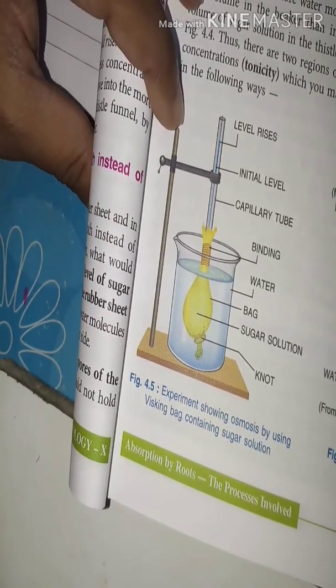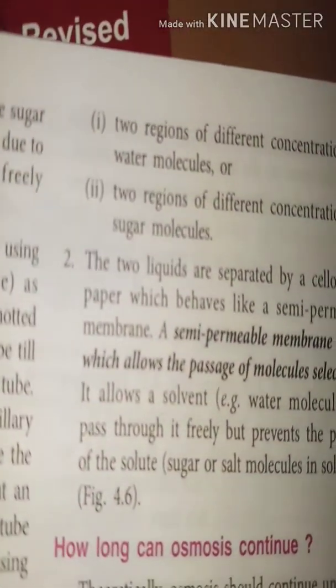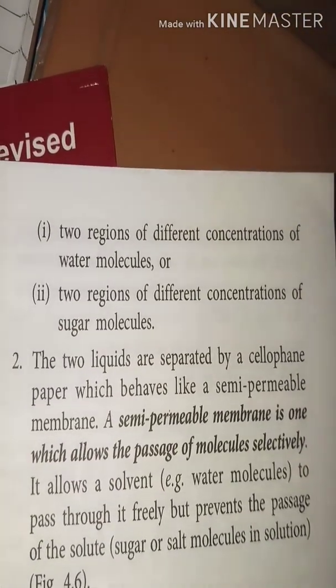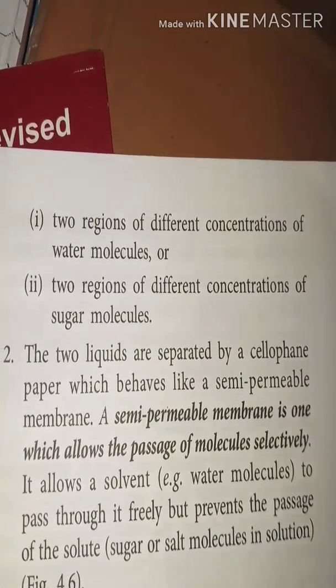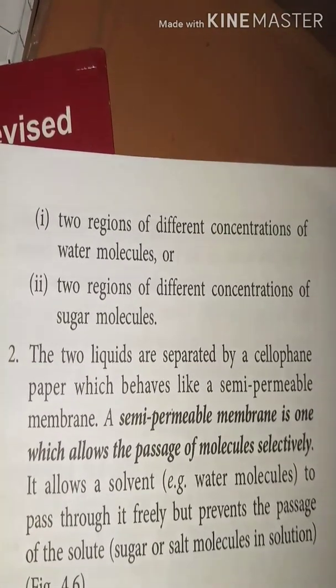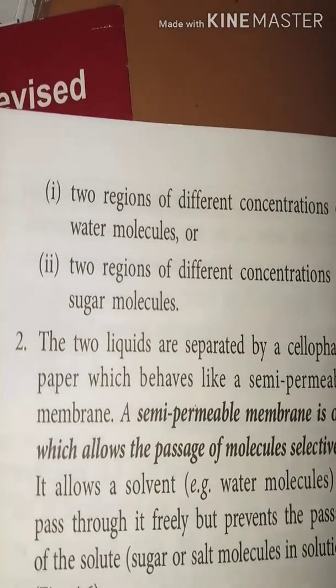So altogether, two regions of different concentration of water molecules, or different concentration of sugar molecules, and due to the difference in the concentration of two different solutions, a substance moves from the higher region to the lower region.